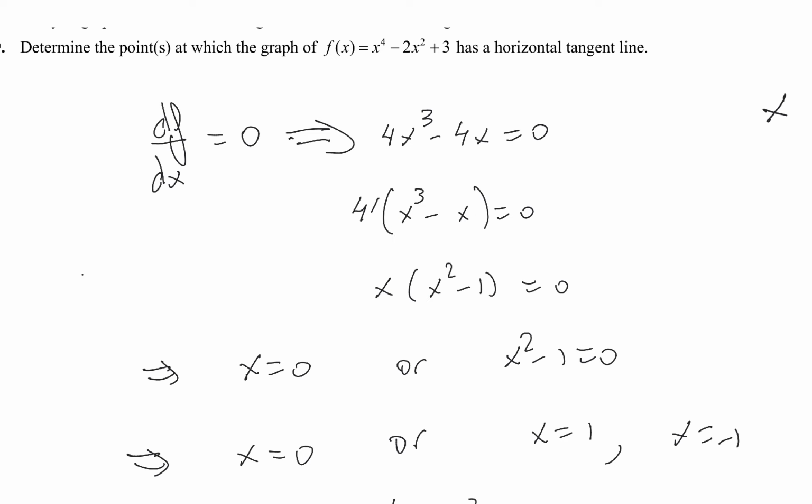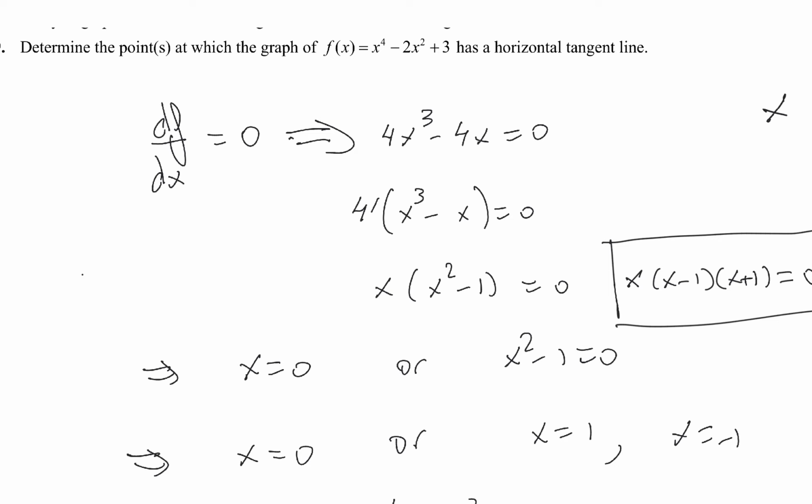Now we can factor x squared minus 1, and put it like x multiplied by x minus 1 multiplied by x plus 1 equals 0. And now we are asking ourselves, when is this 0? This is 0 if I plug in x equals 0, because 0 by something is 0. So x equals 0 is a solution.